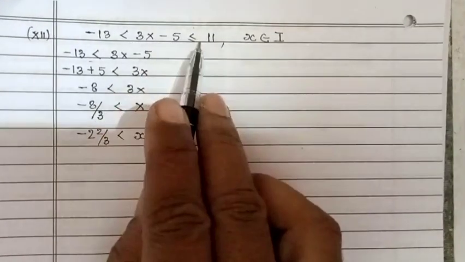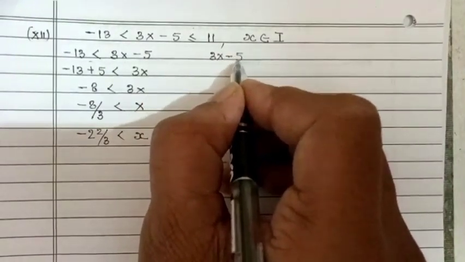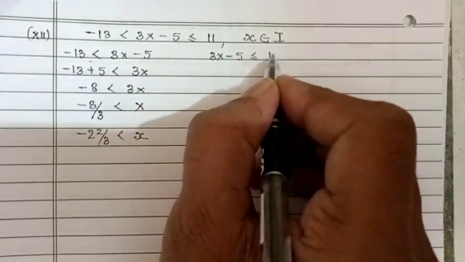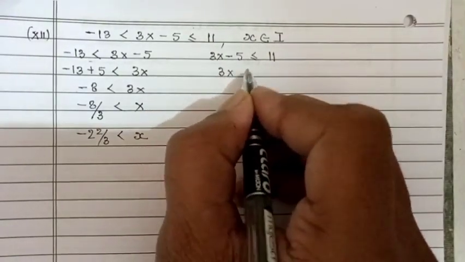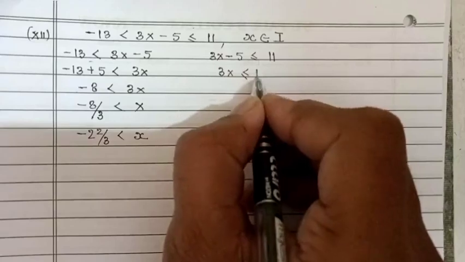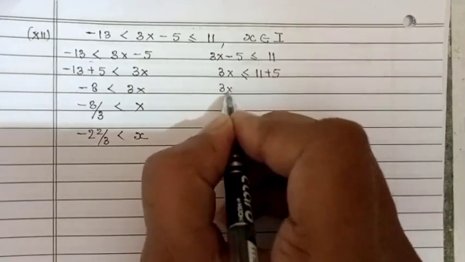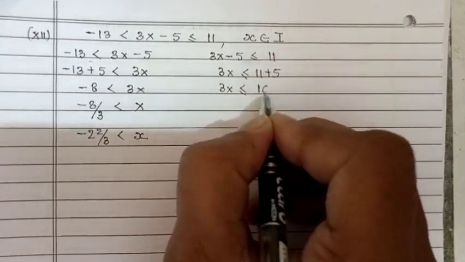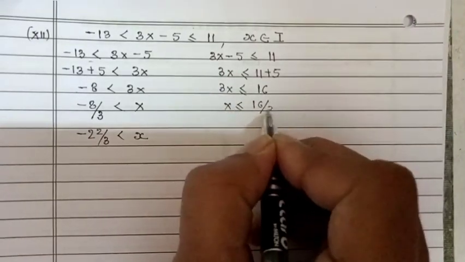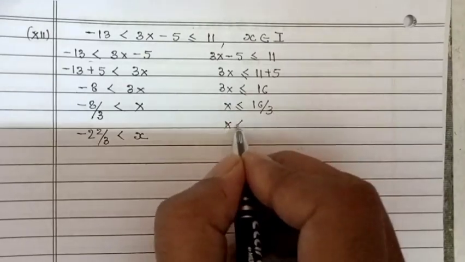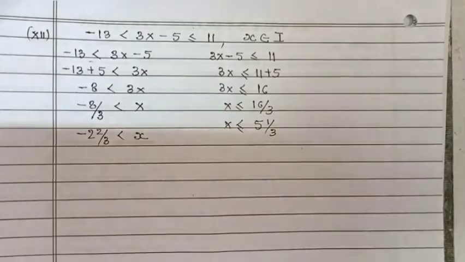Now solving the second inequality, we have 3x minus 5 less than or equal to 11. So 3x is less than or equal to 5 whole number 1 by 3.